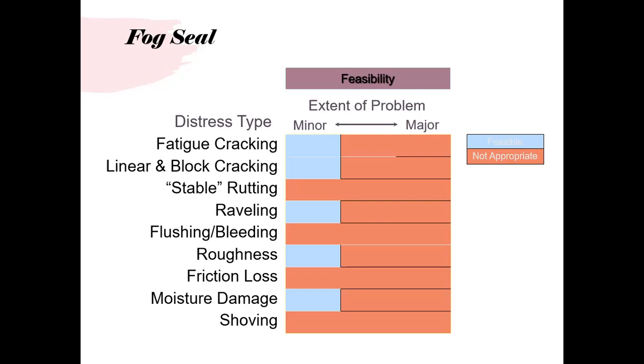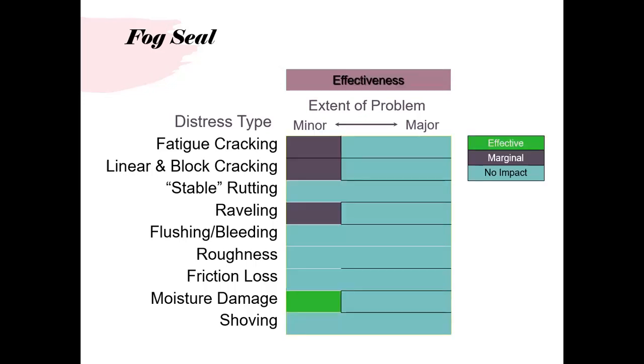Fog seal is not recommended for rutting, and neither is it recommended for bleeding, friction loss, or shoving. However, raveling, roughness, and moisture damage of low severity can be addressed by this fog seal.